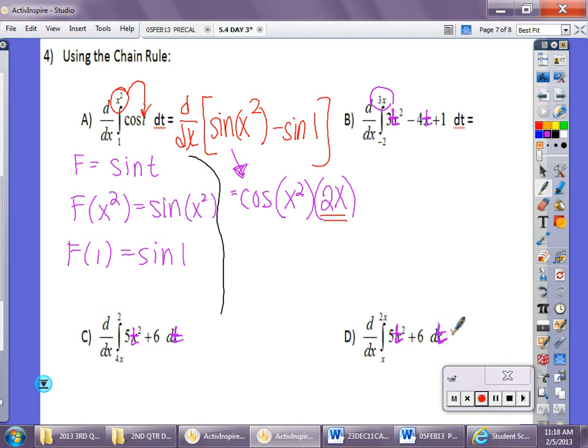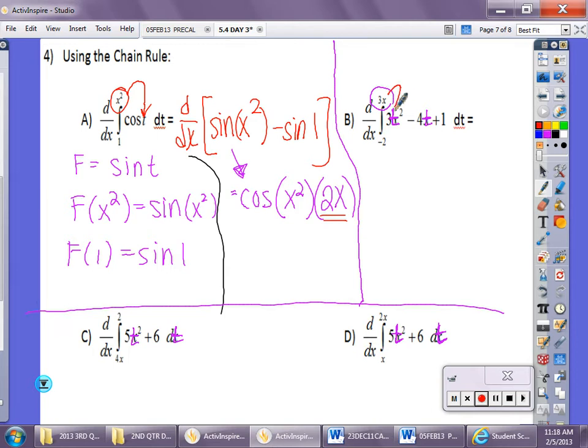All right. So letter B. Let's draw a little line here, and then we'll do that. We're going to take this 3x and place it in for t here and t here. So we get 3 times (3x) squared minus 4 times 3x plus 1, and the whole thing multiplied by 3.